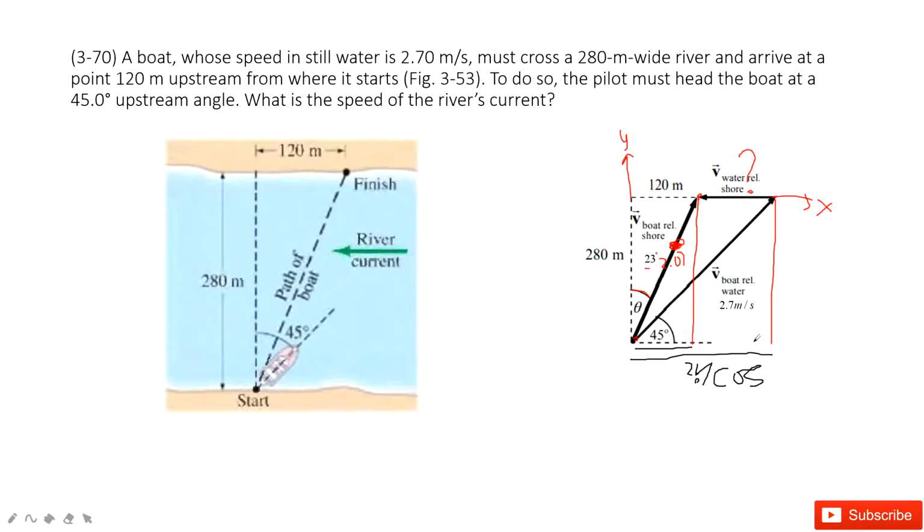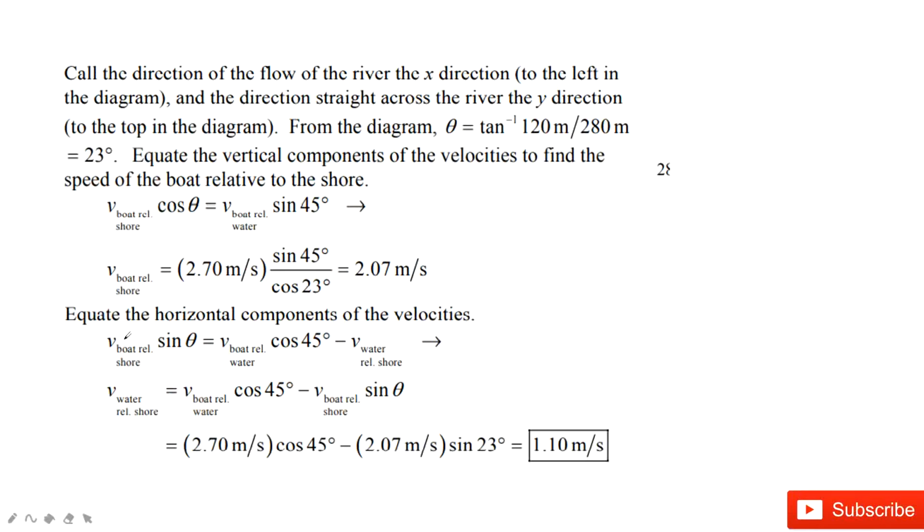So this length minus this length gives us the speed of the water relative to the shore. This is how we get it: we use the velocity of the boat relative to the water times cosine theta minus the velocity of the boat relative to the shore times sine theta. Then we are done. Thank you.